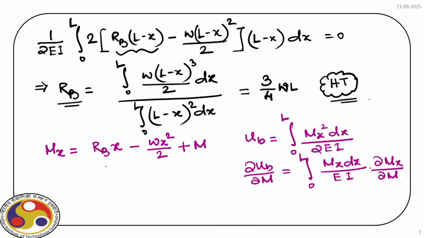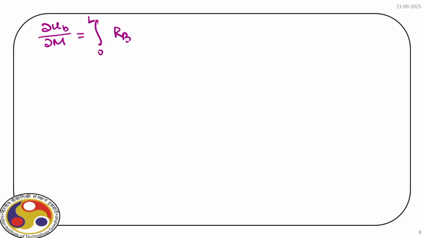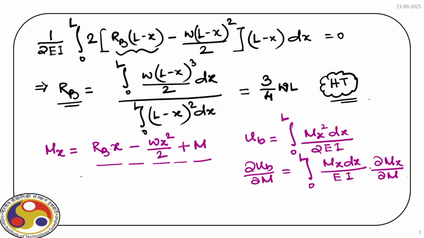So we have the bending strain energy differentiated with respect to M, and on the right hand side of the equality sign we have 0 to L Mx, and in place of Mx we can write this expression: RB times x minus omega x square by 2 plus M. And then we have to differentiate Mx with respect to M, which is equal to 1.